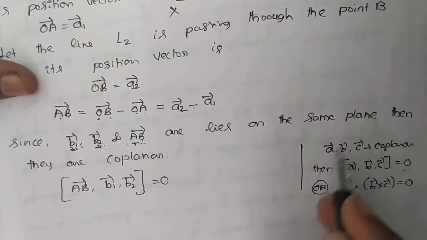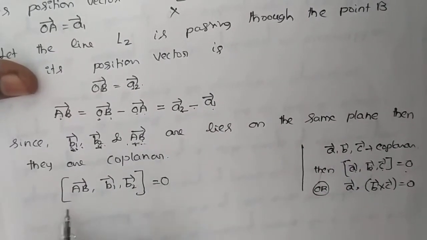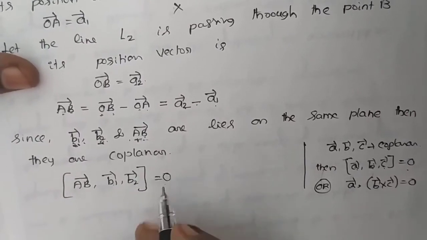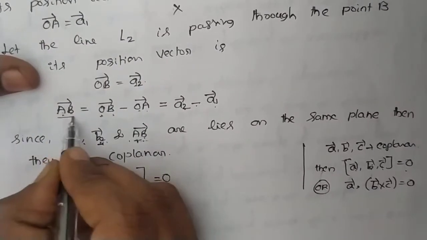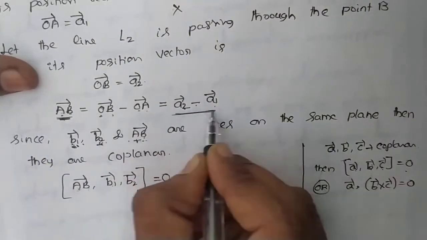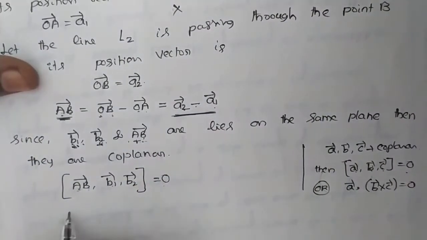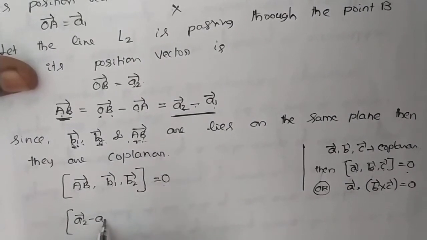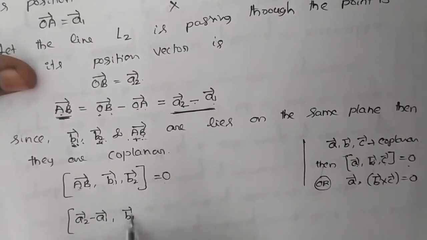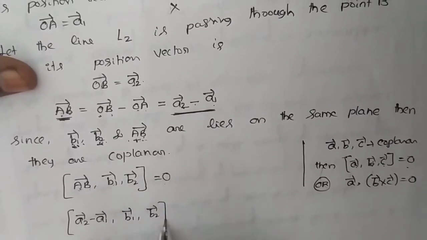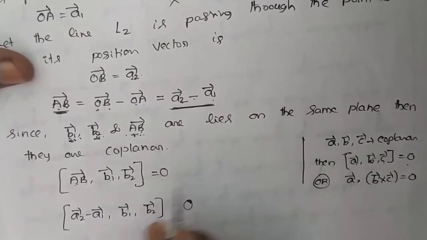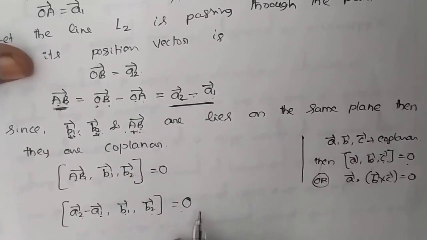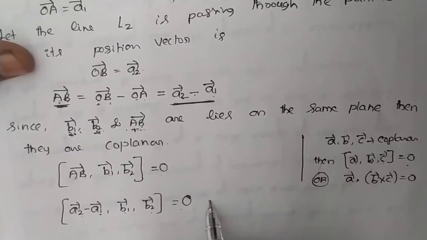By using the concept of the coplanar condition, finally we found [AB B1 B2] equals 0. AB vector is nothing but what? AB vector is A2 minus A1. You just substitute AB vector: [A2 minus A1, B1, B2] equals 0.